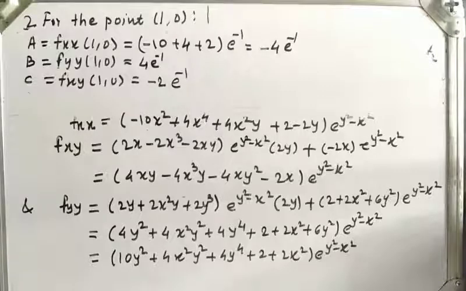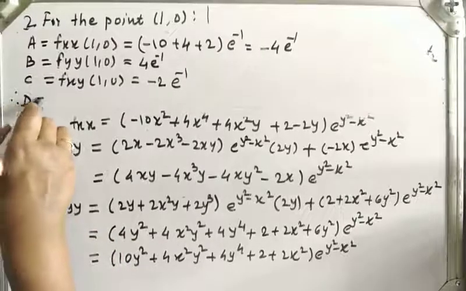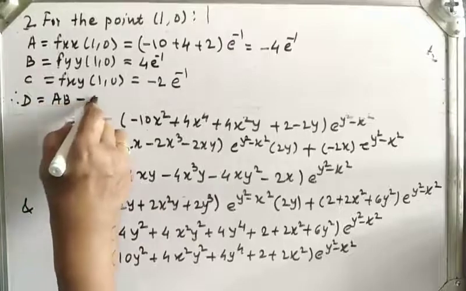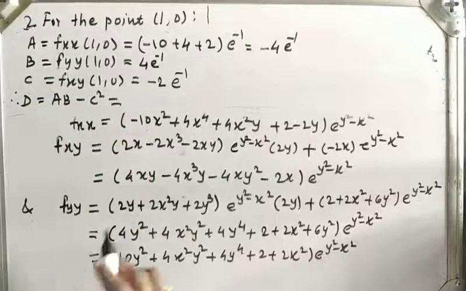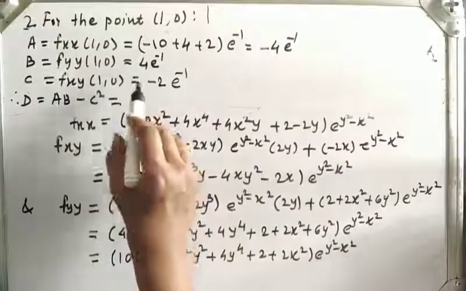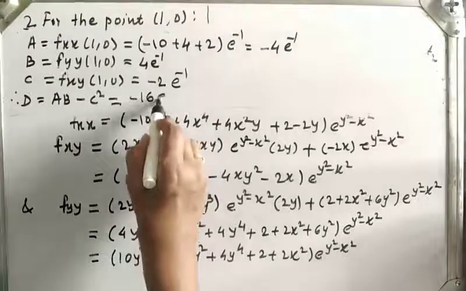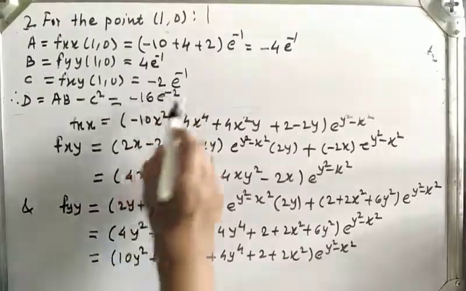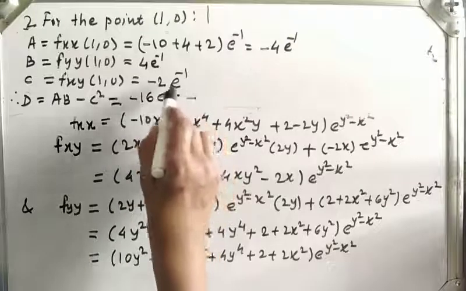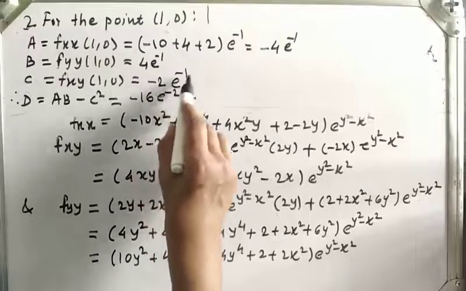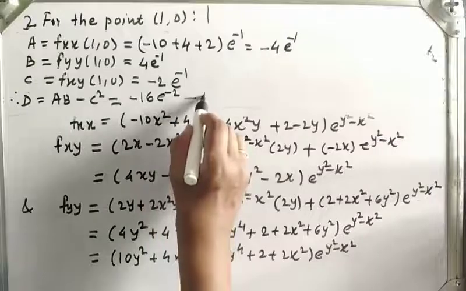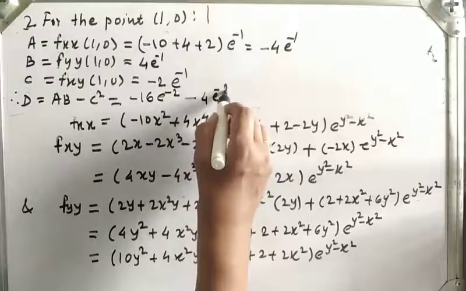Therefore D is equal to AB minus C square. That is A into B, that is minus 16e raised to minus 1 into e raised to minus 1, that will be e raised to minus 2, minus C square, which will be minus 2e raised to minus 1, its square will be 4e raised to minus 2.